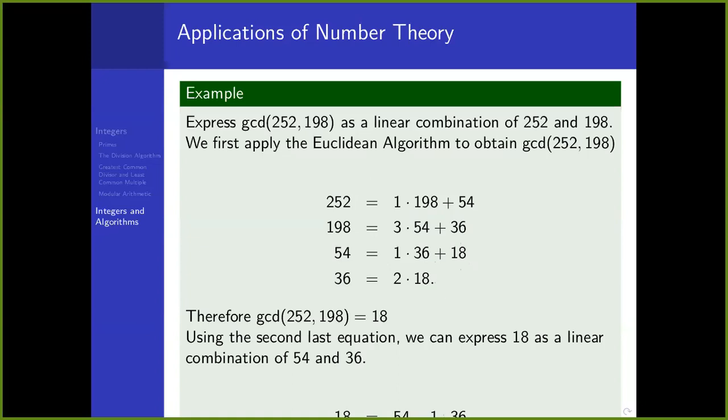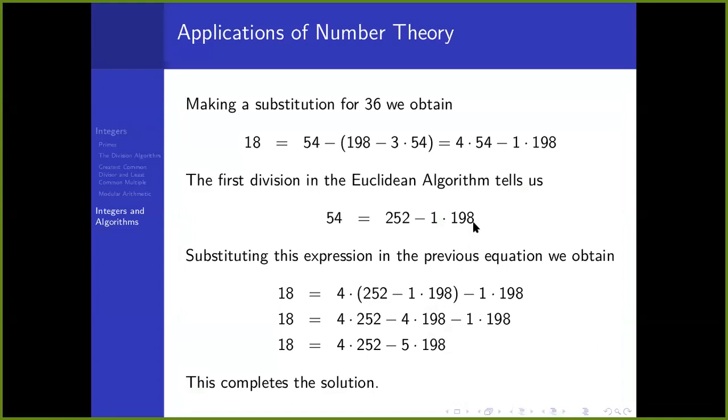Okay, so I can go further and replace 36, because in the step above that, I can write 36 as 198 minus 3 times 54. So that's what I do in the next step. I replace 36 by 198 minus 3 times 54, and rearrange the terms to put the like terms together.